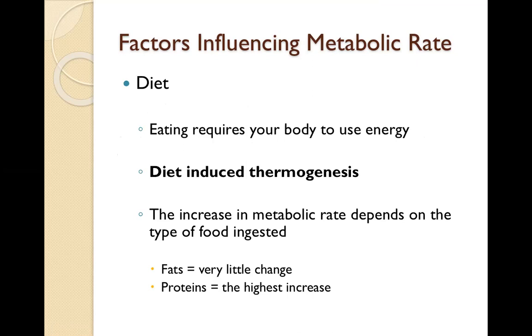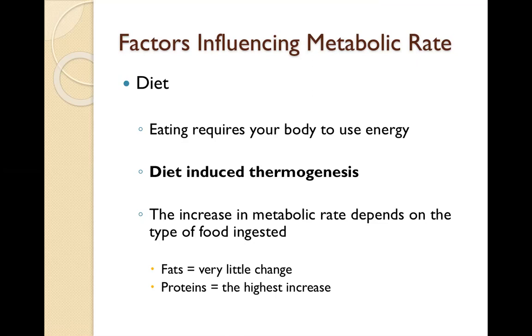Diet doesn't have as big of an effect on metabolic rate as you'd think. There is something called diet-induced thermogenesis. There's an increase in metabolic rate depending on the type of food that you ingest. If you ingest a lot of fat-containing foods, there'll be very little change in the metabolic rate.